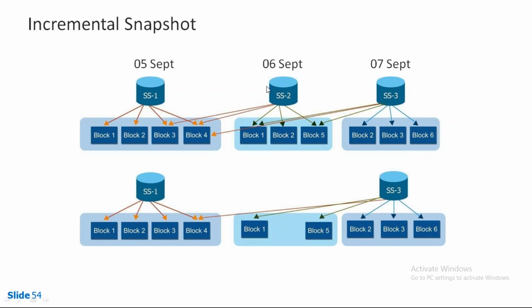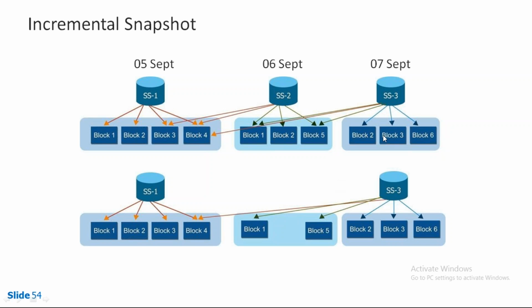So on September 6th, when you are taking the backup or snapshot, it will take only the backup of block 1 and block 2, because those two have been edited, and block 3 and block 4 are not edited, so those two are not backed up. And additionally, one more block is added, some more data is added, that's block 5, so that is also backed up here on 6th September.